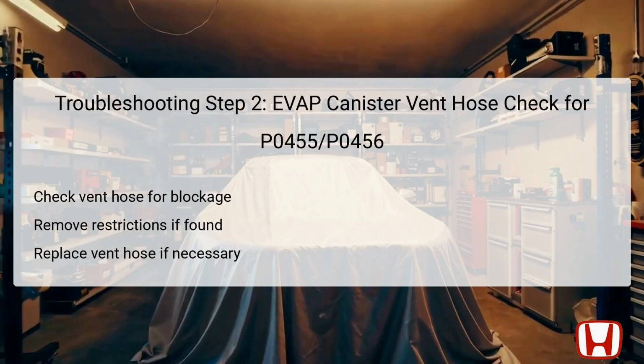In cases where the hose is damaged or excessively blocked, replacement is necessary to prevent future leaks and ensure the EVAP system operates efficiently. This step is vital, since proper venting is essential for the system to maintain correct pressure and function, allowing for effective vapor capture and storage.